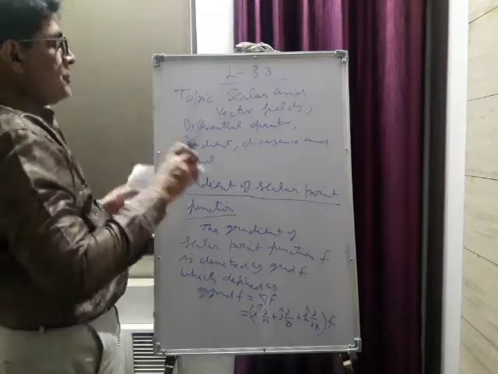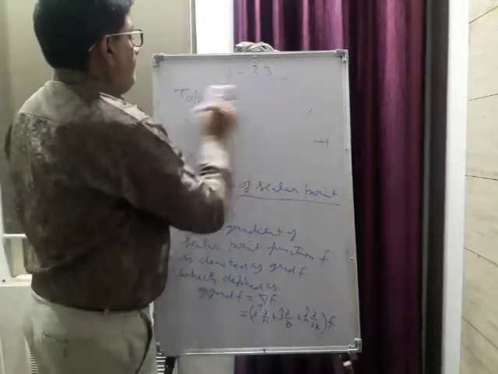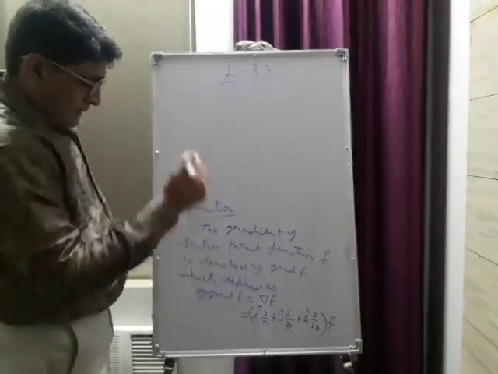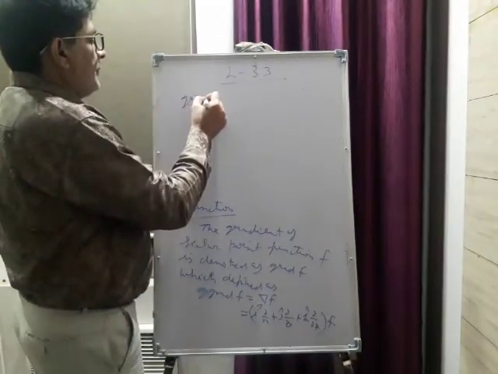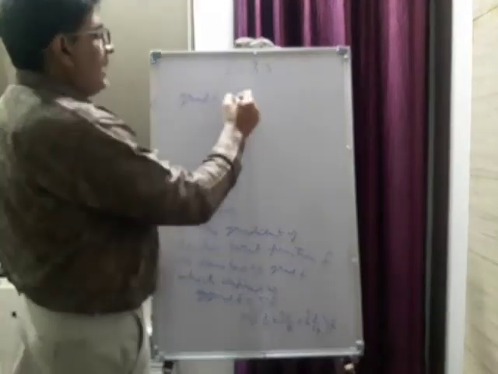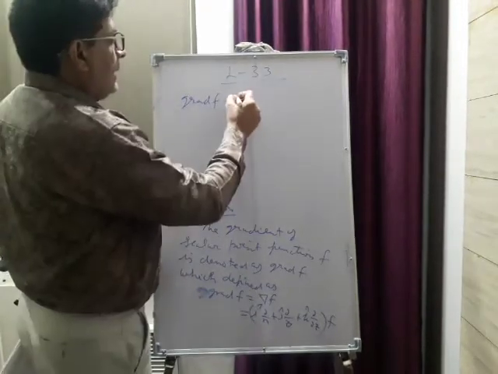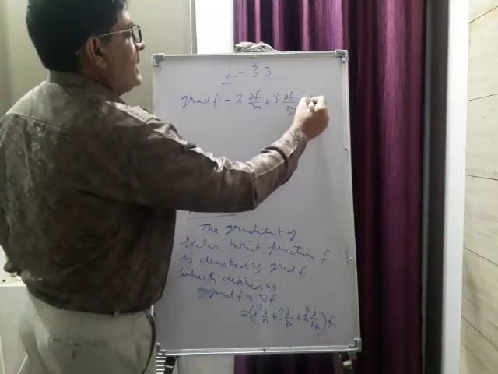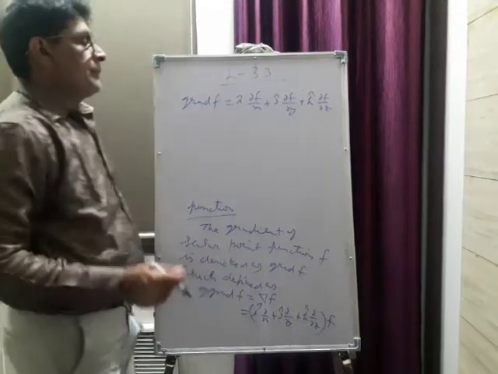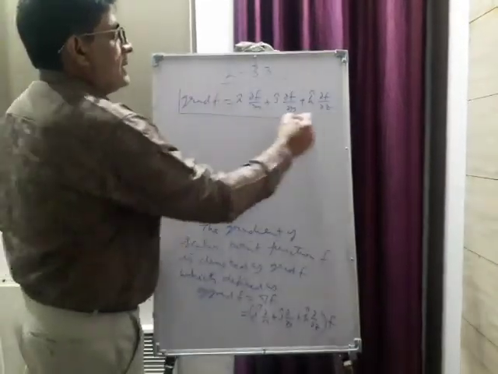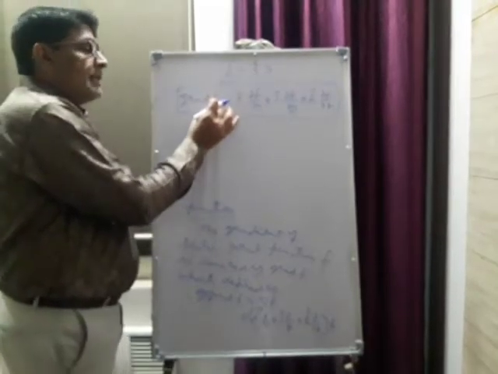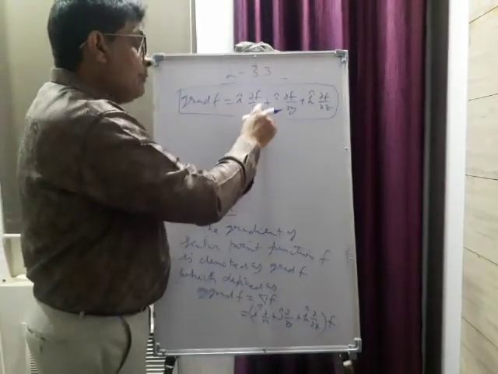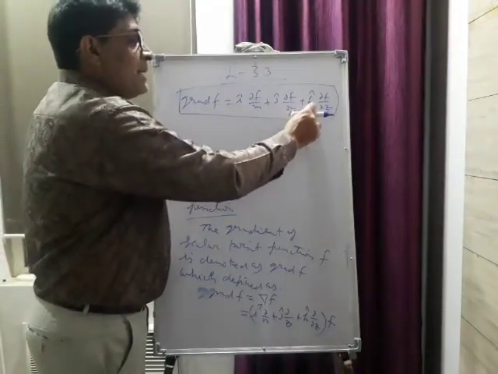Now it becomes gradient f, finally i cap del f over del x plus j cap del f over del y plus k cap del f over del z. So if f is a scalar point function, then its gradient f becomes i del f over del x plus j del f over del y plus k del f over del z.